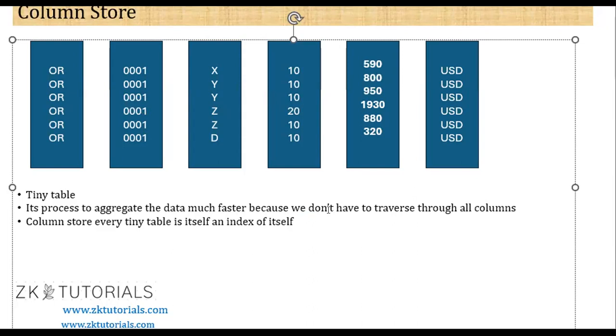So next, they came up with the next advantage. Earlier, if somebody wanted to calculate the total amount, they used to store the total amount in another table. And this is known as aggregation. The calculated total value is stored in another table known as a staging table or aggregation table.